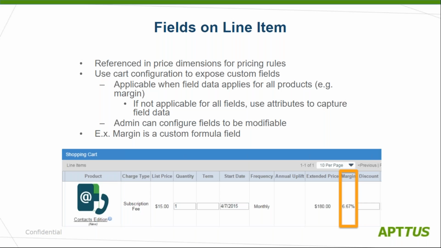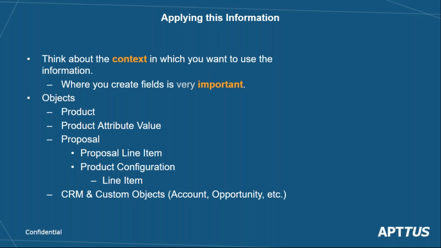So that is where it is very important to consider where you are creating the custom fields on the different objects. Okay, so these are the major objects where, whenever you will be implementing the project, whenever you will be creating fields, it is very important to consider what will be the importance of that.